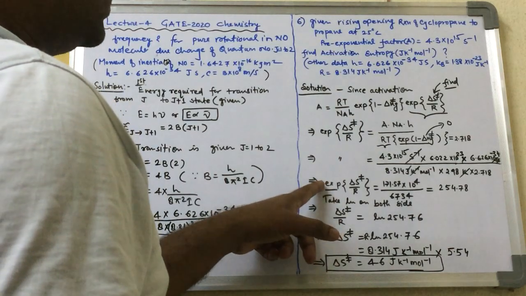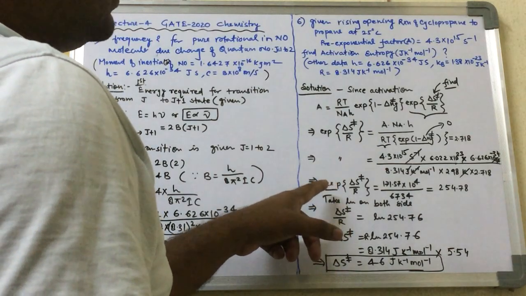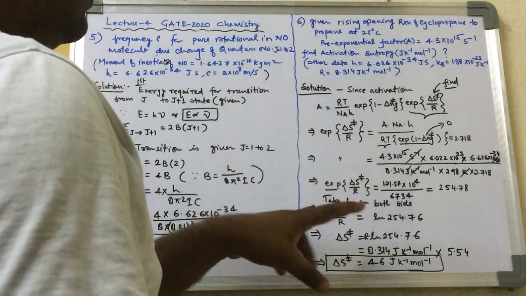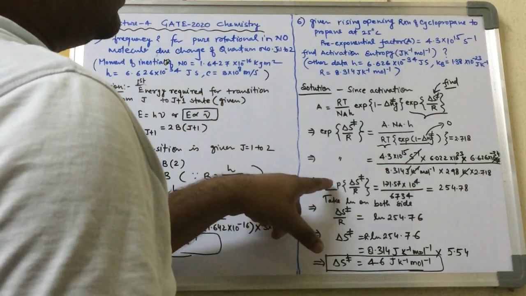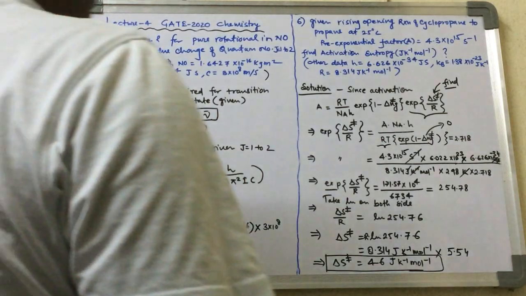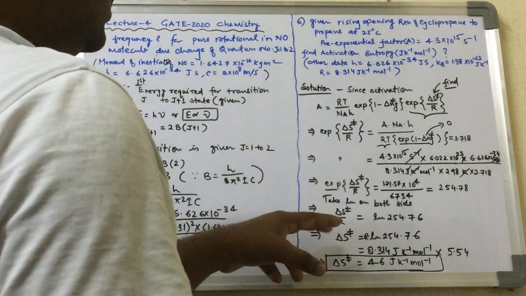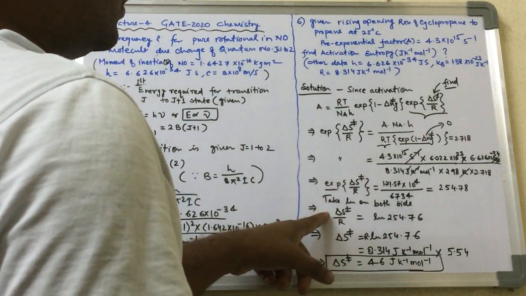Now if you see the left side is exponential, so first we have to remove the exponential, so taking ln on both sides. If you take ln on both sides, ln of exponential you will get only 1. Okay, so the exponential will be removed.